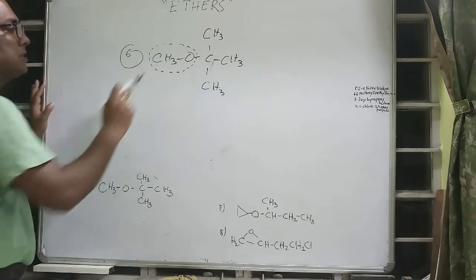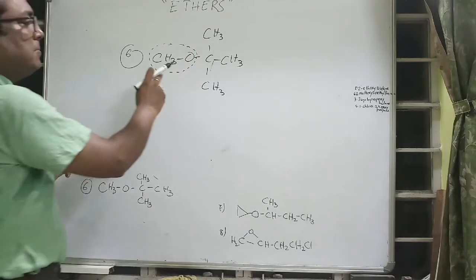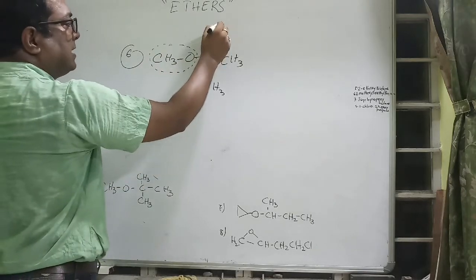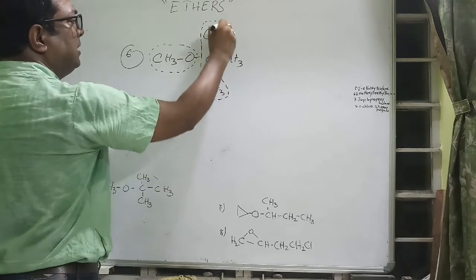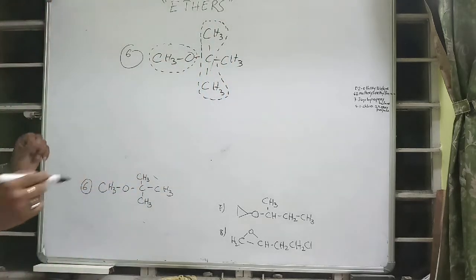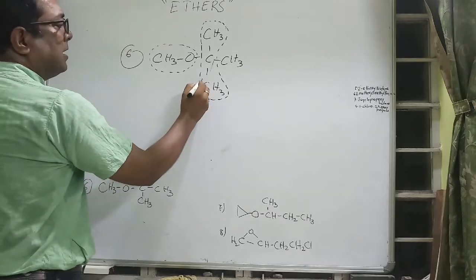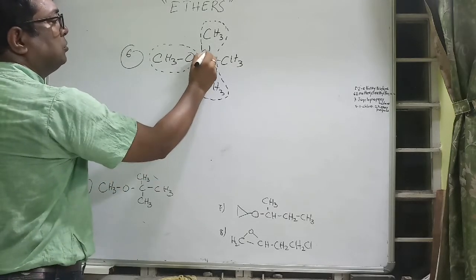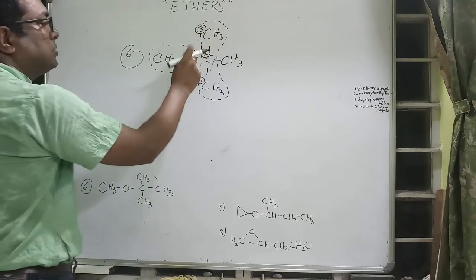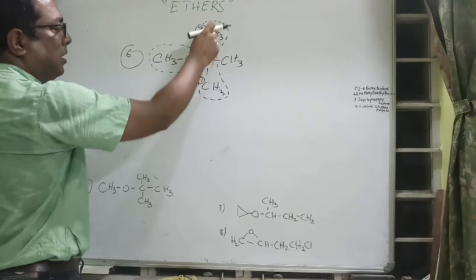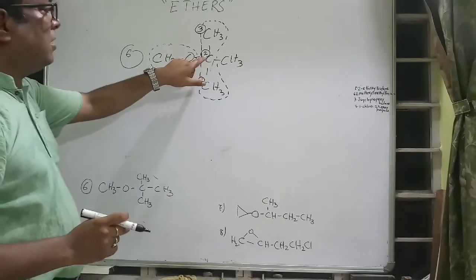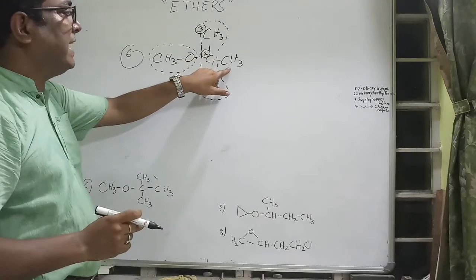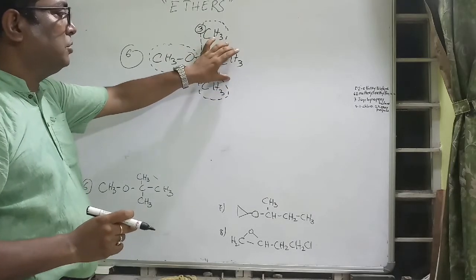So it is methoxy. If I take the largest carbon chain here, I can name it as number 1, number 2 and number 3. On the second carbon of the longest chain, you get a methoxy, and on the second carbon you also get a methyl group.